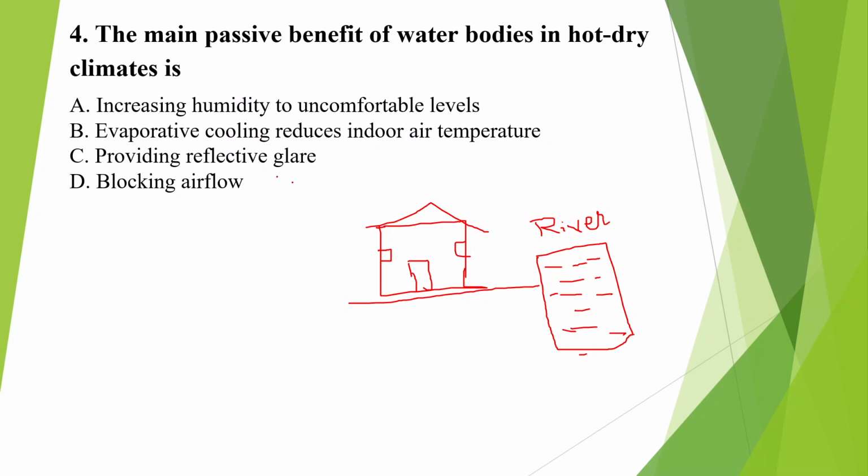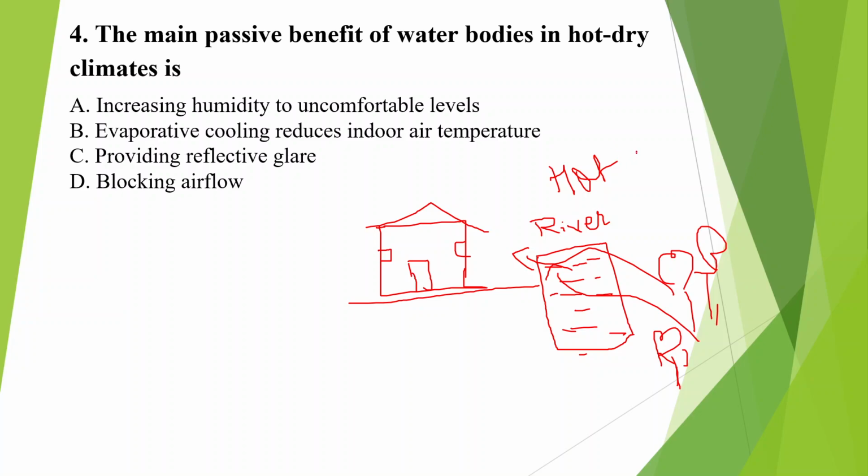All of you must have seen that whenever the trees will be here, let's say, or anywhere, let's say here, the air will be coming, and this is the situation of a hot and dry climate zone. So what benefit can you get from these water bodies here? This is our water body, let's say.